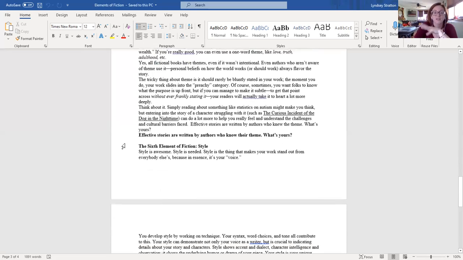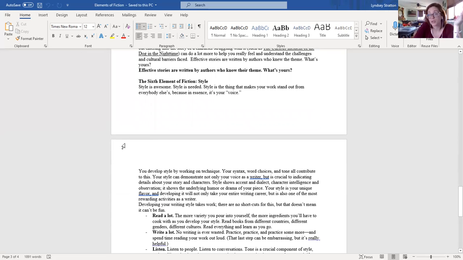Then we move on to our sixth element, which is style, which is the voice. It's the tone that's setting this all up. It could be something that is written with a dark sense, very Edgar Allan Poe, or something with a fun sense, Roald Dahl, who wrote Matilda.